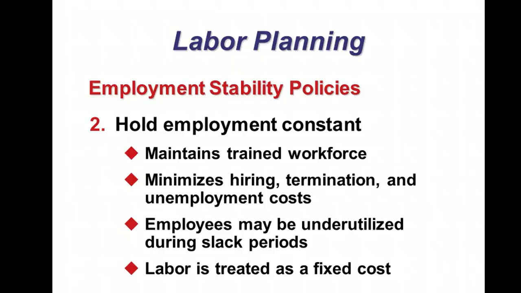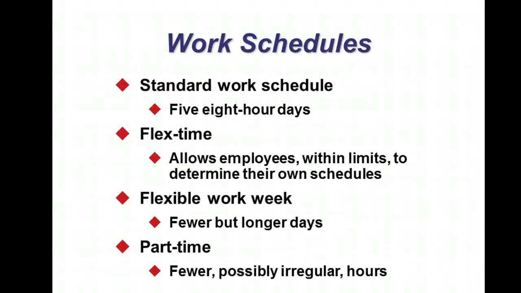If you just keep it constant, when you need more product, you're just going to take back orders and have dissatisfied customers, or if you don't have enough orders, then you're just going to be paying people to stand around. So you need to have some sort of flexibility and maybe some sort of hybrid thing.